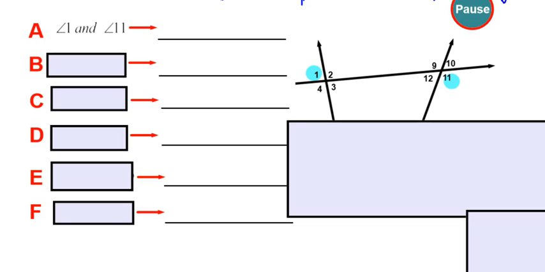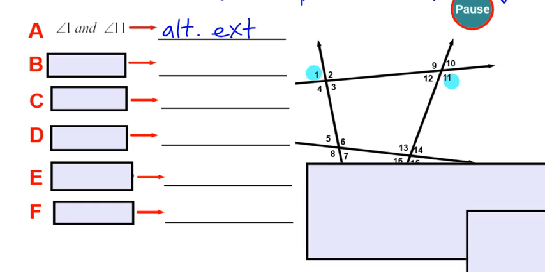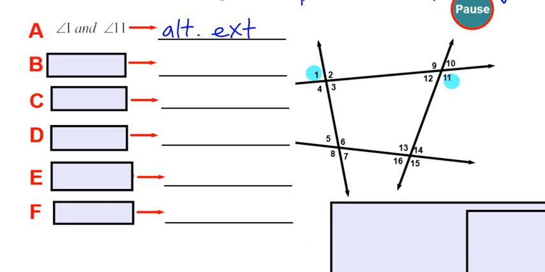And then if I'm looking at this real closely, I can see that the interior of my angle would be right here. So both 1 and 11 are outside the lines, and 1 is above, 11 is below. Those are what we would call alternate exterior angles.